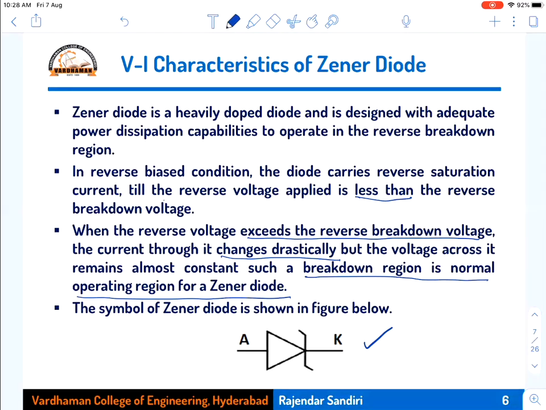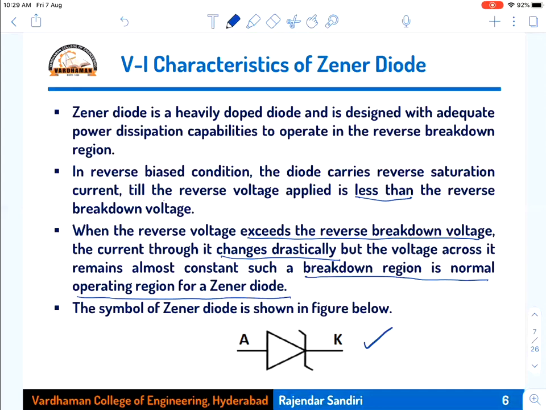So at a constant breakdown voltage, the current is drastically increasing. If this current increases and the voltage is the breakdown voltage, which is also a high voltage, 5 volts, and you multiply voltage and current, then P is equal to V into I is the power dissipation of this diode. Because the current is increasing, the maximum current multiplied with this voltage is the power dissipation capability of this diode.